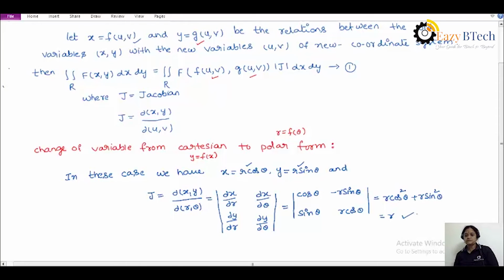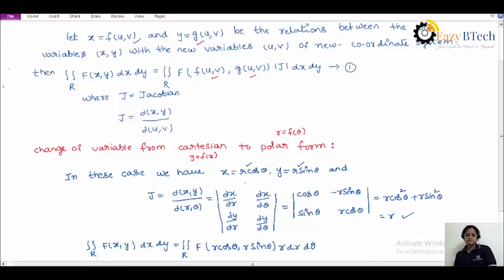Now substitute the Jacobian transformation value in equation 1, then you will get the double integration of f(x, y) dx dy is the double integration of f(r cos theta, r sin theta), and dx dy is nothing but r dr d theta.